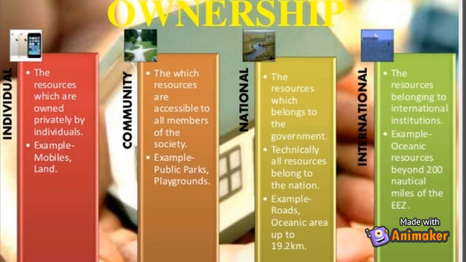For example, plantations, ponds, houses, pasturelands, wells, etc. Many farmers own land, which is allotted to them by the government against the payment of revenue. Community-owned resources are resources which are accessible to all the members of the community. For example, grazing ground, burial ground, village pond, park, picnic spots, playground, etc.